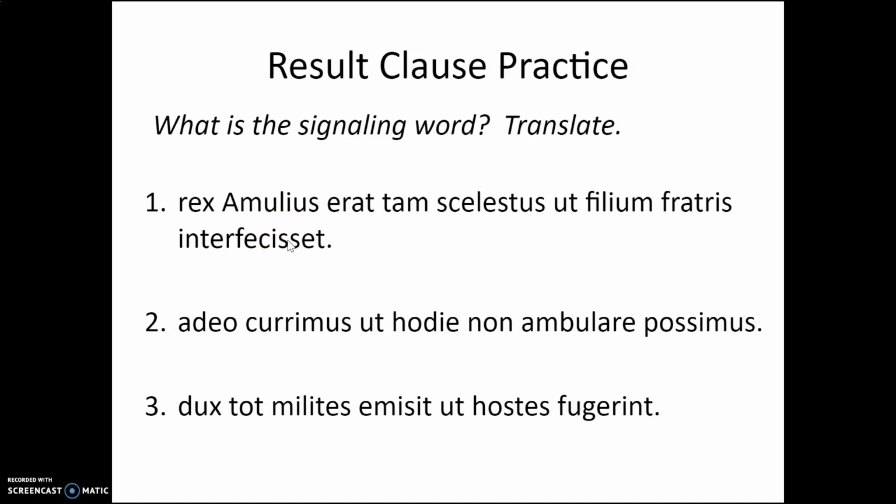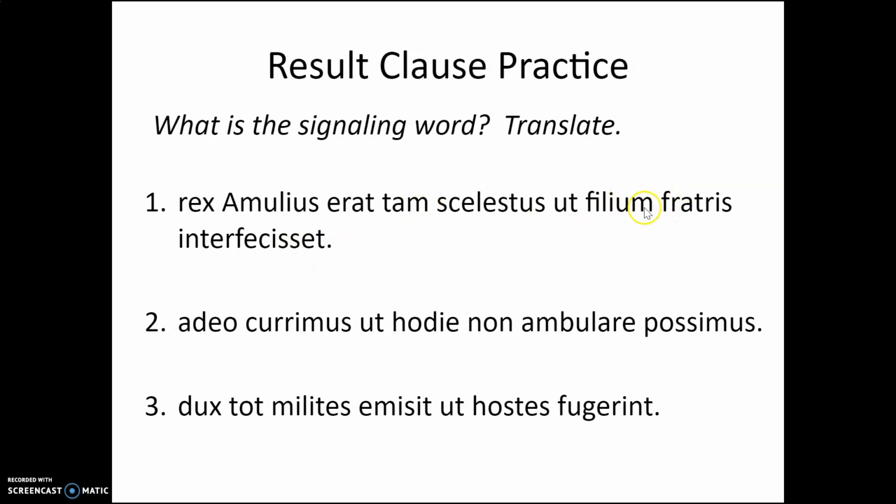So now, translating, it means Rex Amulius, King Amulius, erat tam scelestus, was so wicked, ut, that, filium fratris interfecisset.